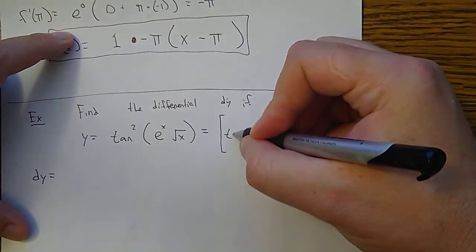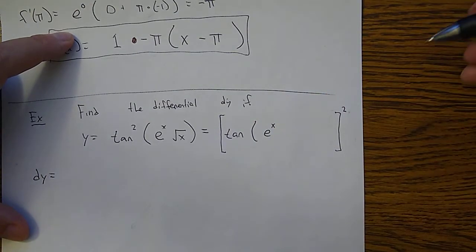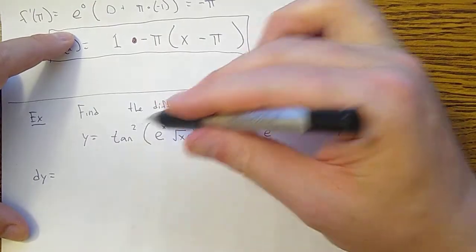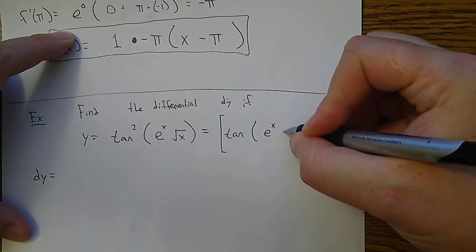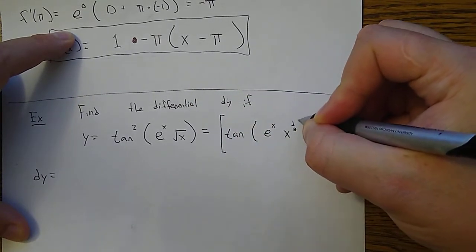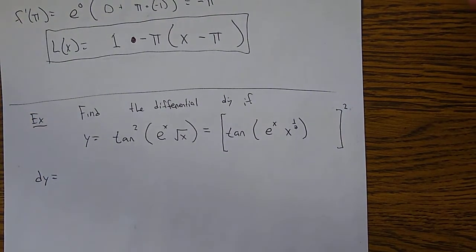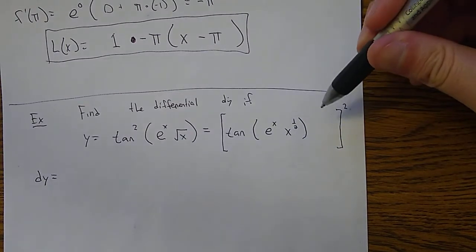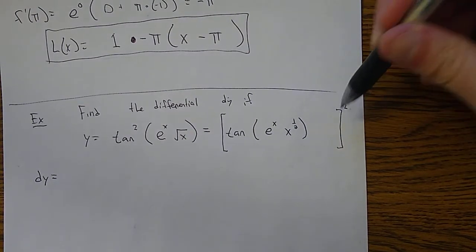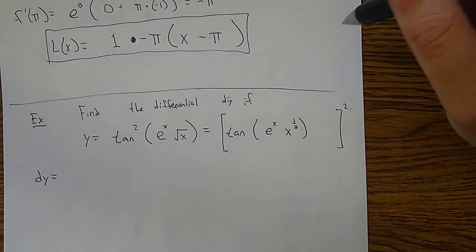Right, this is what's happening with the squared. Also, this x to the square root of x, I would prefer this way. Okay, so this is now the same thing. I haven't done any calculus yet. I just rewrote this so that it would be friendlier when I take the derivative. Now, let me take the derivative.